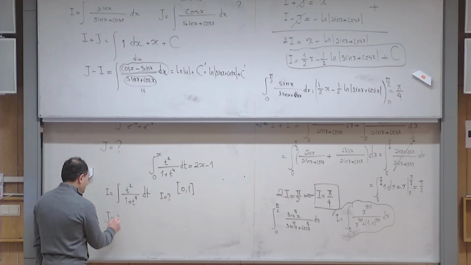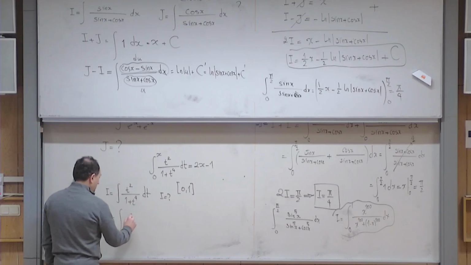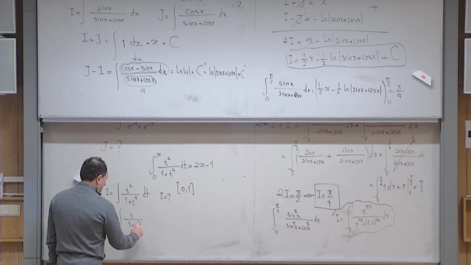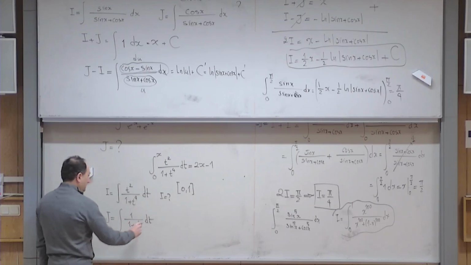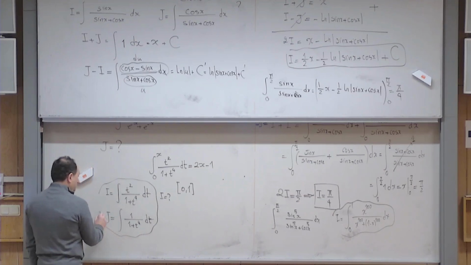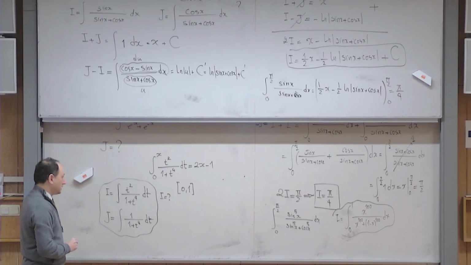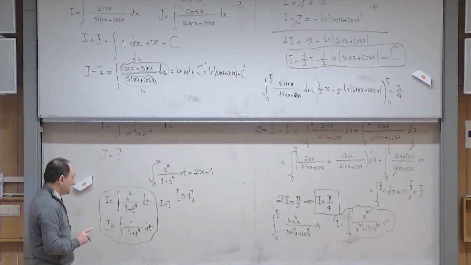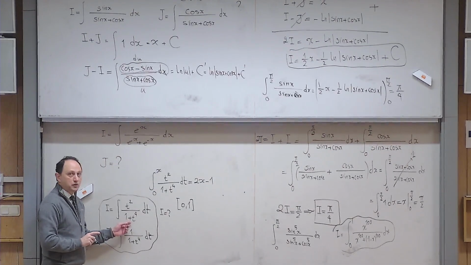So the hint is to consider j to be this integral. I recommend you to sit down and think about whether you can use this method. Because again, I was able to solve this using a standard method.